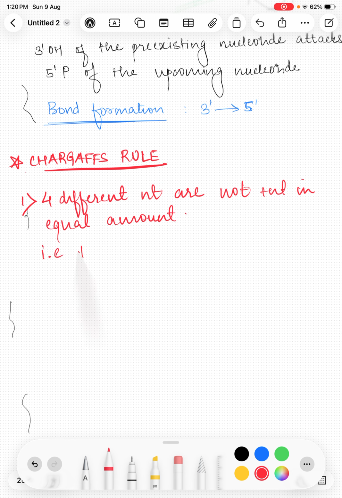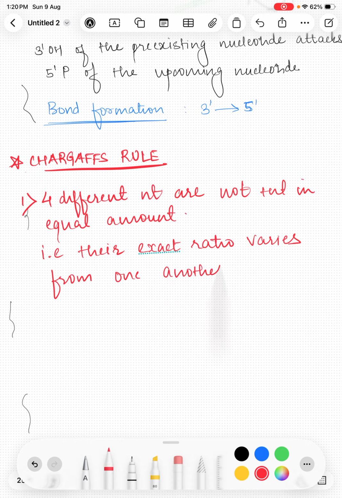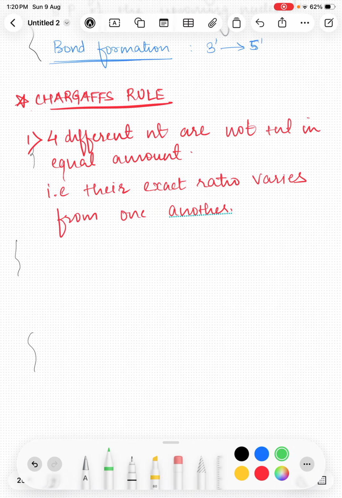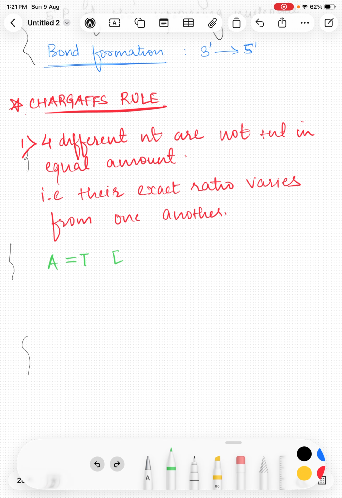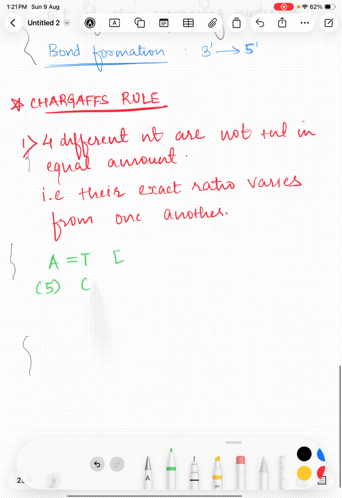That is, their exact ratio varies from one another. See, as adenine pairs with thymine, if you have 5 adenine, number of thymine will be 5.